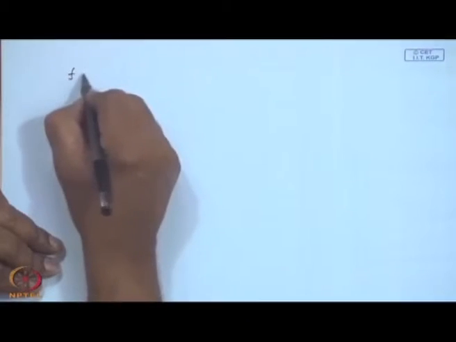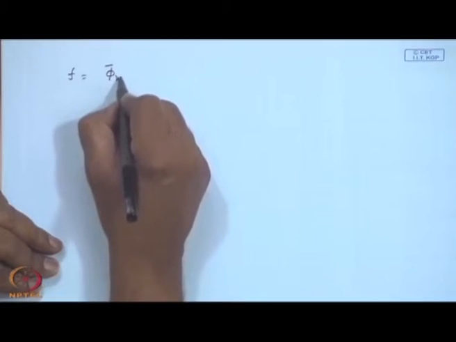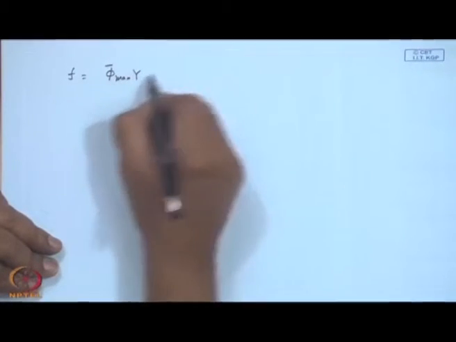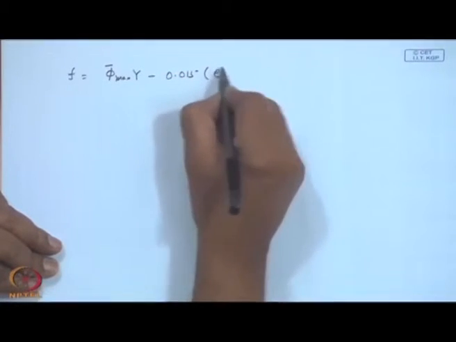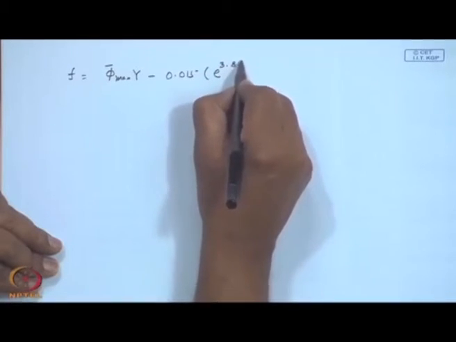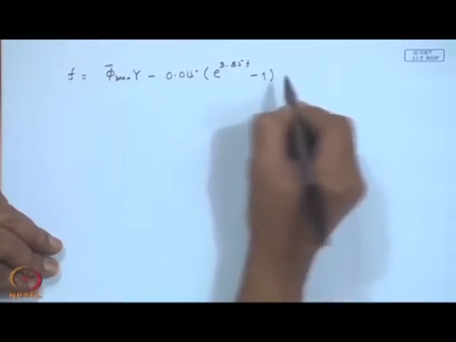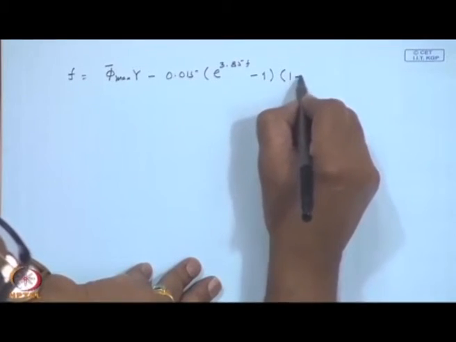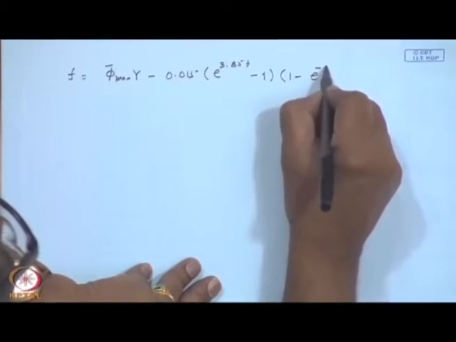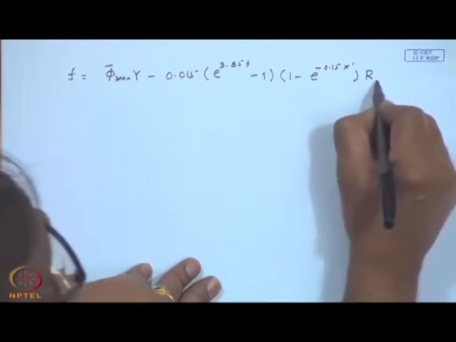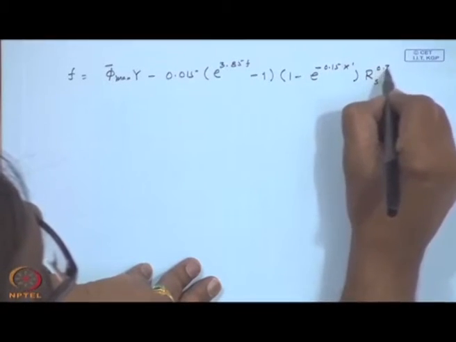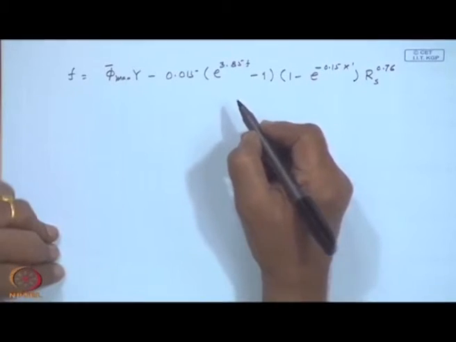So, now we have got a method of calculating the solar load fraction. F will be the same relation, phi bar max Y minus 0.015 e to the power 3.85 F minus 1 times 1 minus exponential to the power minus 0.15 x dashed times the ratio of standard storage to the actual storage raised to the power 0.76.